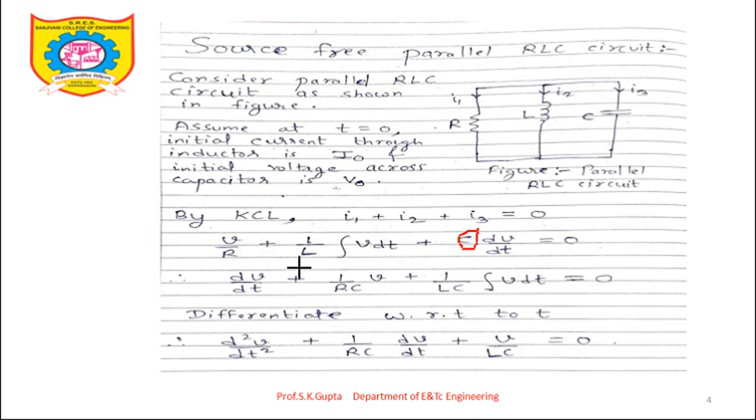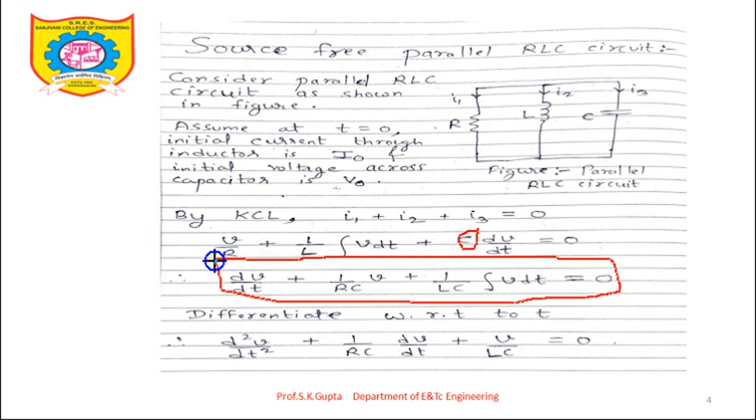Now again I want to remove the integration, so I should differentiate with respect to t. This becomes d square V by dt square plus 1 by RC dV by dt plus 1 by LC V, since integration and derivative get cancelled out, I will be left with only V, equal to 0.